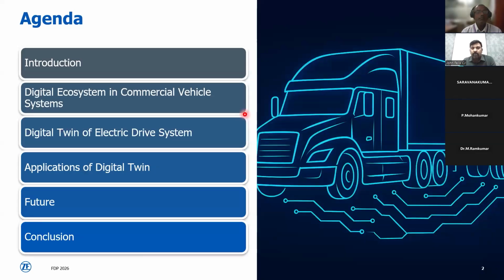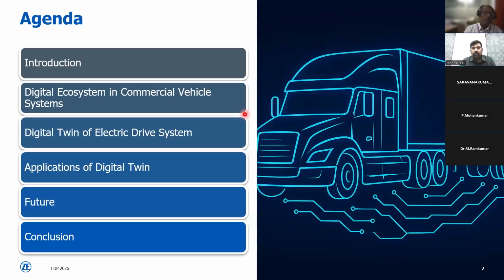Now, going into my session, I would like to set a short agenda. First is a short introduction. My introduction will be a little elaborate because it will set the context between my experience and the audience here. Going forward, I'll also explain the infrastructure that we depend on for developing these digital twins.